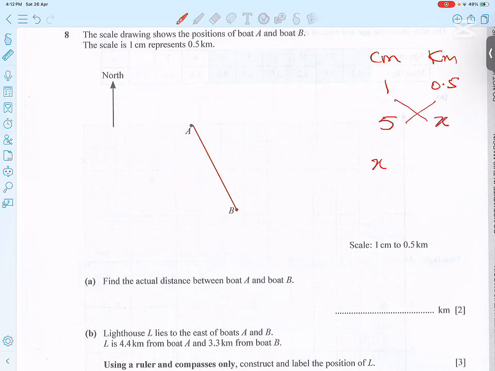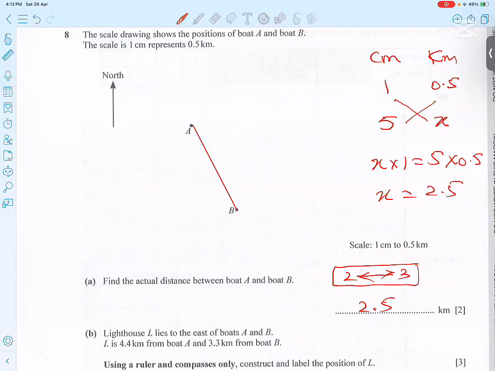So x times 1 is equal to 5 times 0.5, and I got 2.5 kilometers. Make sure this answer may be different in the mark scheme. So maybe from 2 to 3, all are correct answers, because it depends upon the diagram available. Even the printed format that is available in the market is not exact.